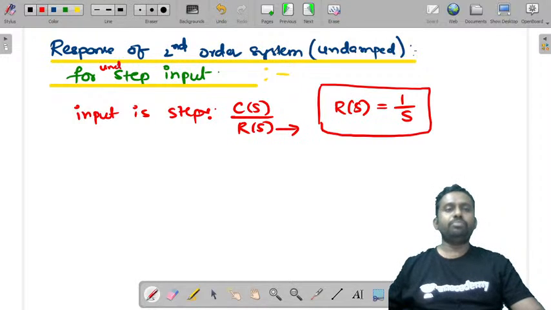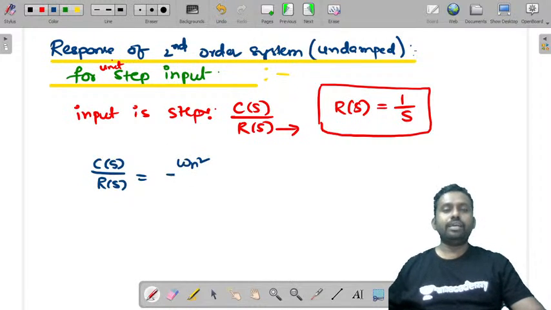Instead of step input, you can take it as a unit step input. So you already know that C of S by R of S is equal to omega n square by S square plus 2 zeta omega n S plus omega n square.